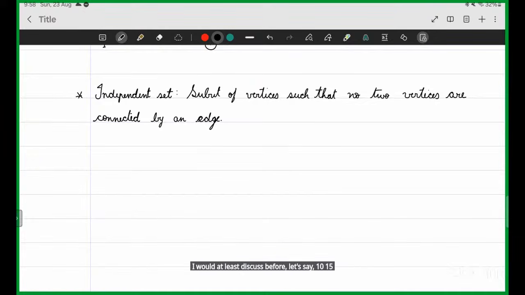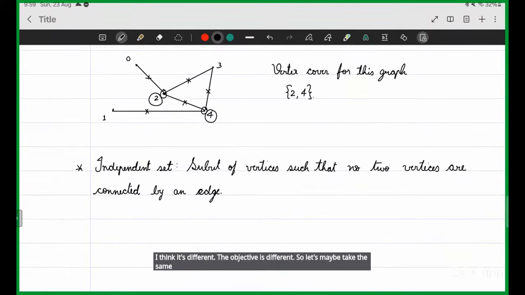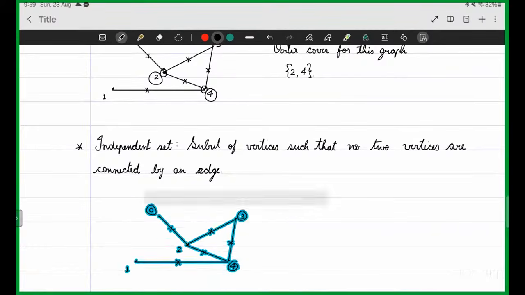Now, next thing is the independent set problem. Here we also want a subset of vertices, but the objective is different. So let's take the same graph.